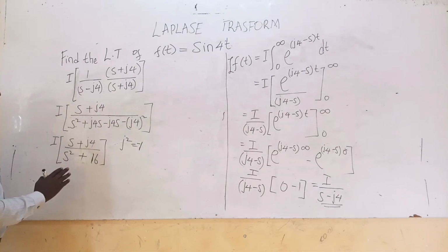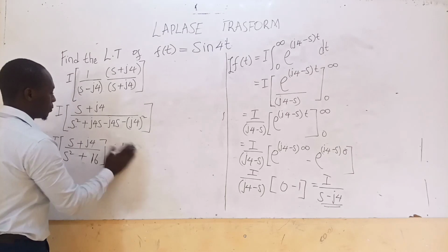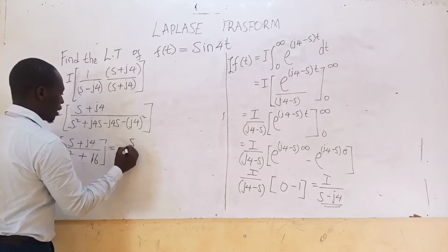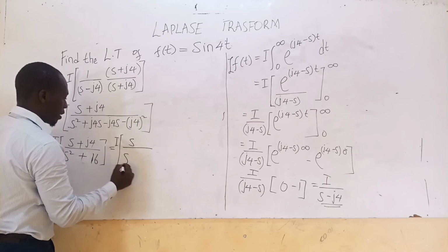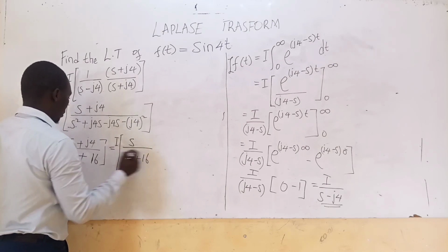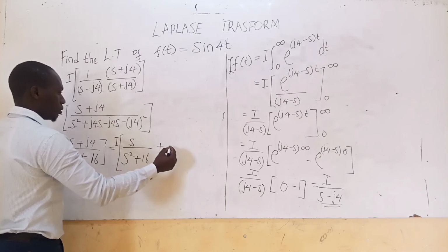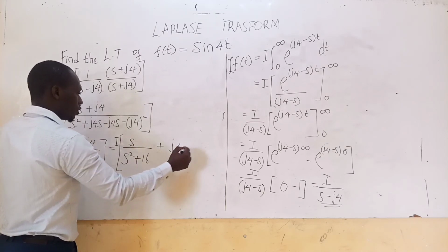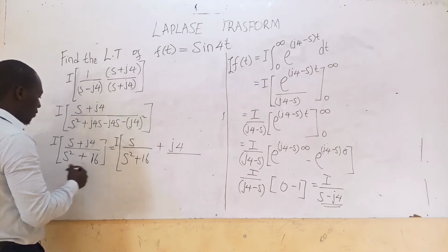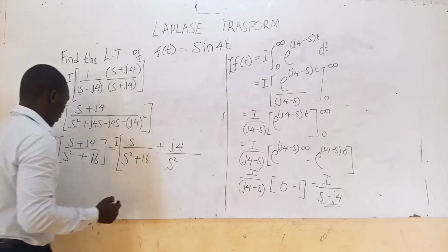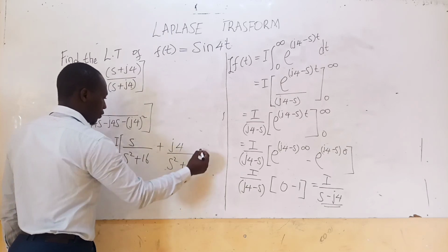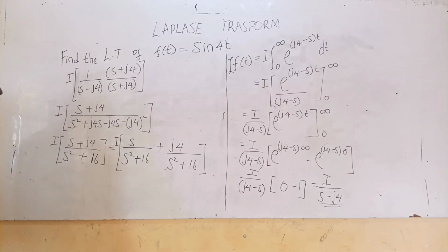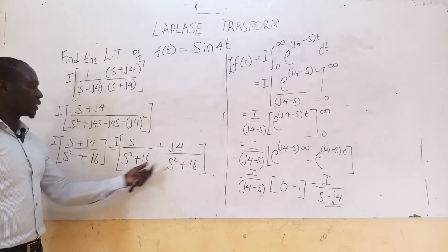Now from here we can separate the real and the imaginary side, and by separation of the real and the imaginary we are going to have s over s squared we add to 16, we add to j power 4 of s squared we add to 16. Now from here we've separated the real and the imaginary.